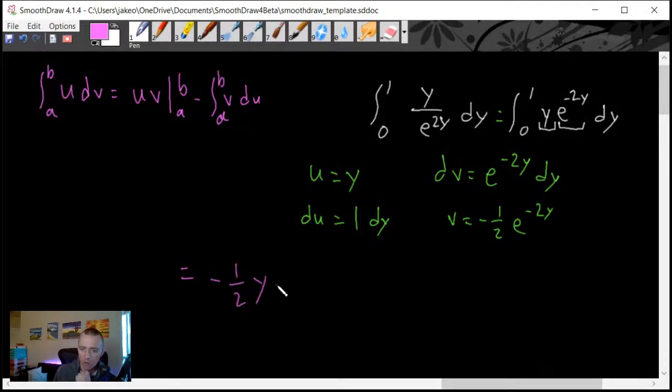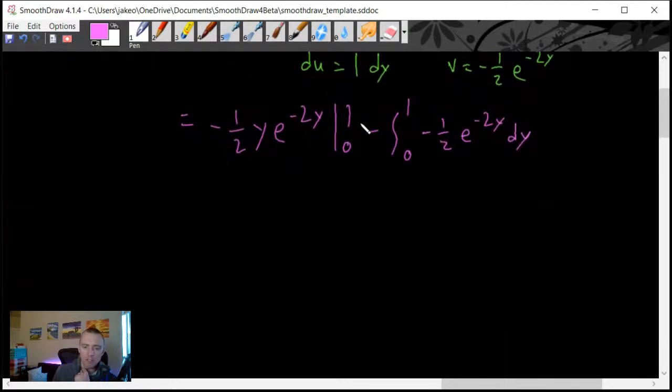So negative 1/2 y e to the negative 2y. And that's going to be evaluated from a to b, from 0 to 1. And then minus the integral from 0 to 1 of v times du. So v times du, which is just 1. So basically just all this. Negative 1/2 e to the negative 2y dy.